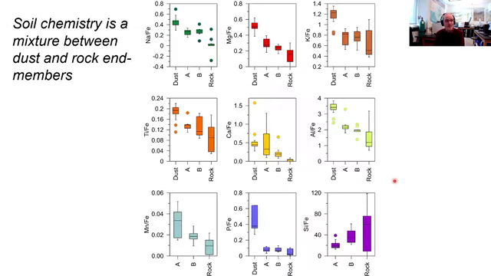And that's nicely backed up by looking at the chemistry of the soil. So in all of these plots, we're looking at a major element or a particularly abundant element normalized to iron in the dust, in the soil A and B horizons, and in the rock.